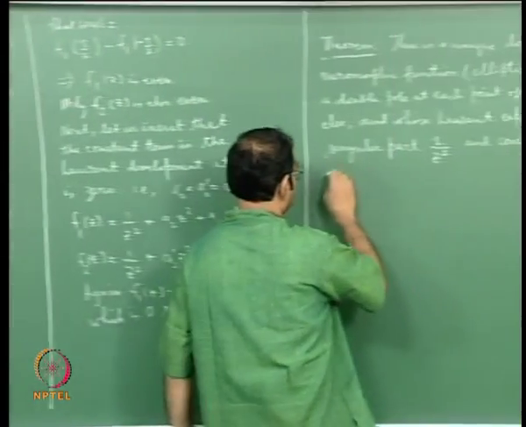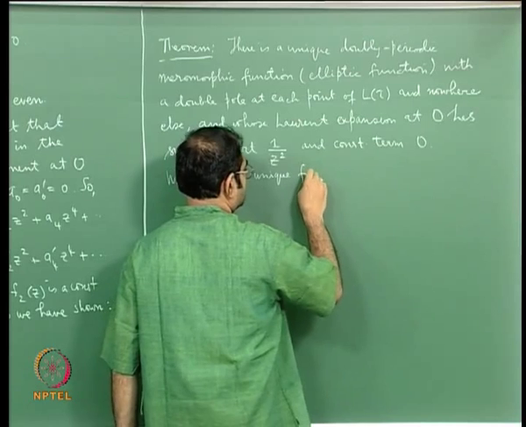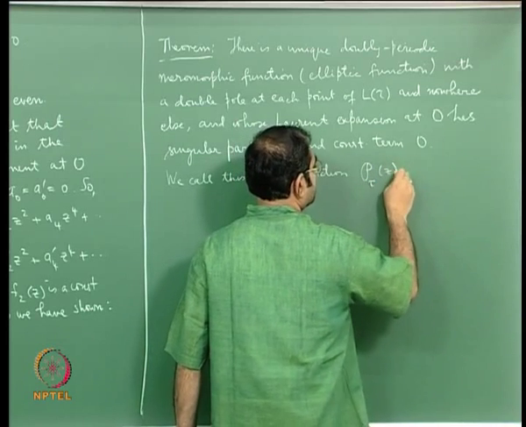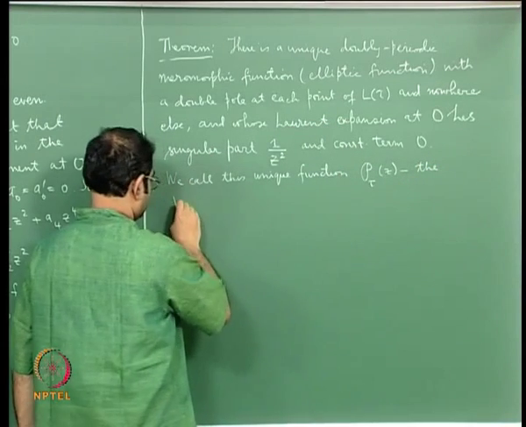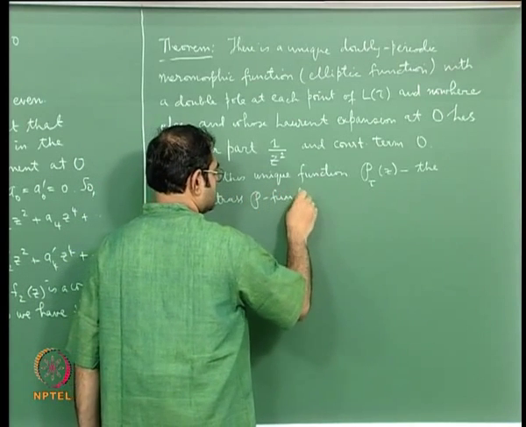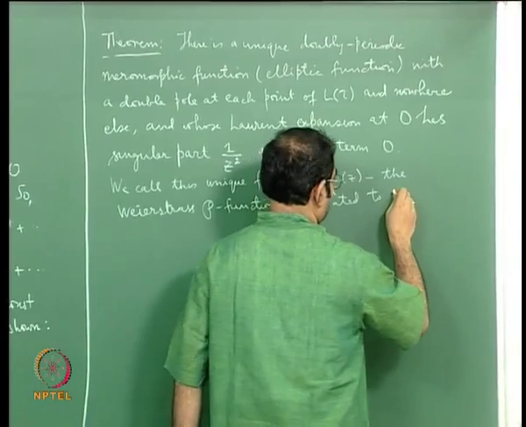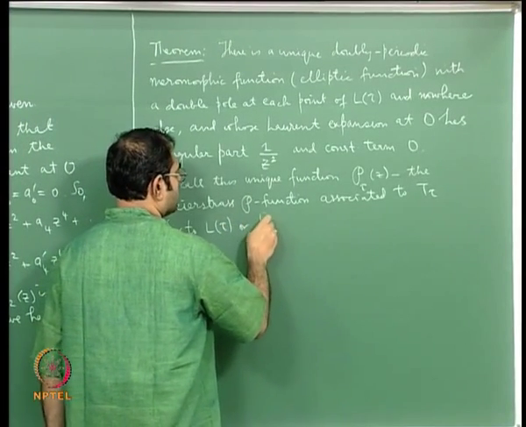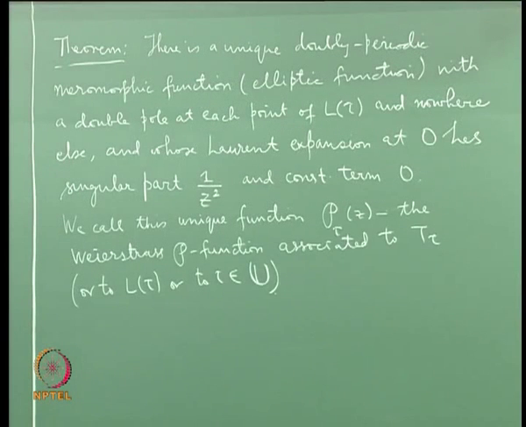So let me write that we call this unique function phi tau of z, the Weierstrass Phe function associated to L tau, or to tau in the upper half plane. So we call this unique function the Weierstrass Phe function.